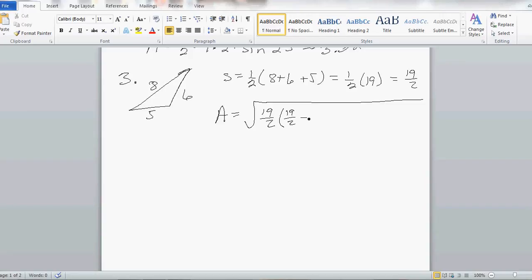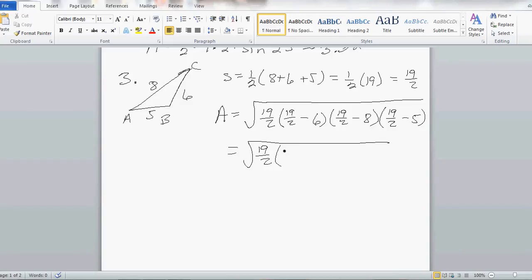S minus A, and so I'll just pick, if I had A, B, and C, A would be 6, S minus B, and S minus C. And then it's just a matter of calculating this, and then that will be our answer. So we get 19/2 times 19/2 minus 6 is 7/2. 19/2 minus 8 is 3/2. And 19/2 minus 5 is 9/2.